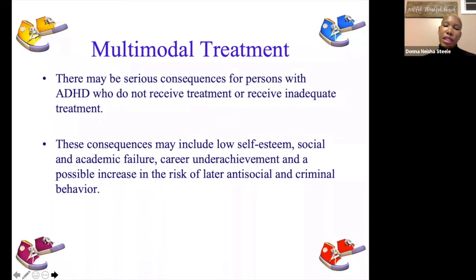If a child doesn't get the necessary treatment or intervention that he or she requires, the consequences could include low self-esteem, social and academic failure, career underachievement, and a possible increase in the risk of later antisocial and criminal behavior. So the consequences can be dire if treatment is not given.